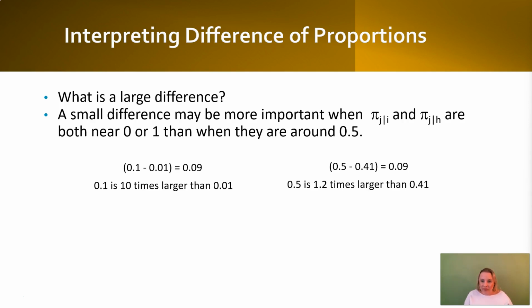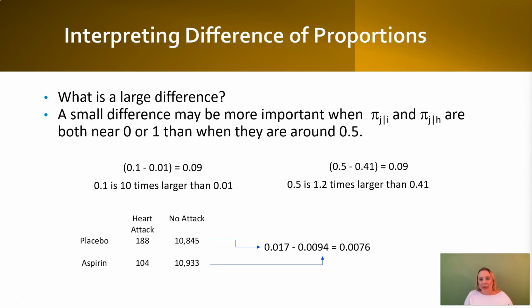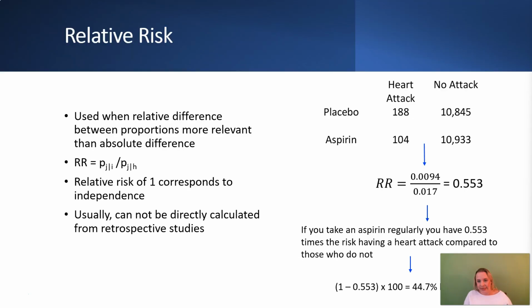But if you have 0.5 minus 0.41, that's going to give you 0.09. 0.5 is 1.2 times larger than our 0.41. So here, the difference of 0.09 in our first example is 10 times bigger. So it's going to be a much bigger difference compared to still having a difference of 0.09, but only a factor of 1.2 between the two. So here we're looking at our heart attack or no heart attack, and we end up seeing that we have a difference of 0.0076.